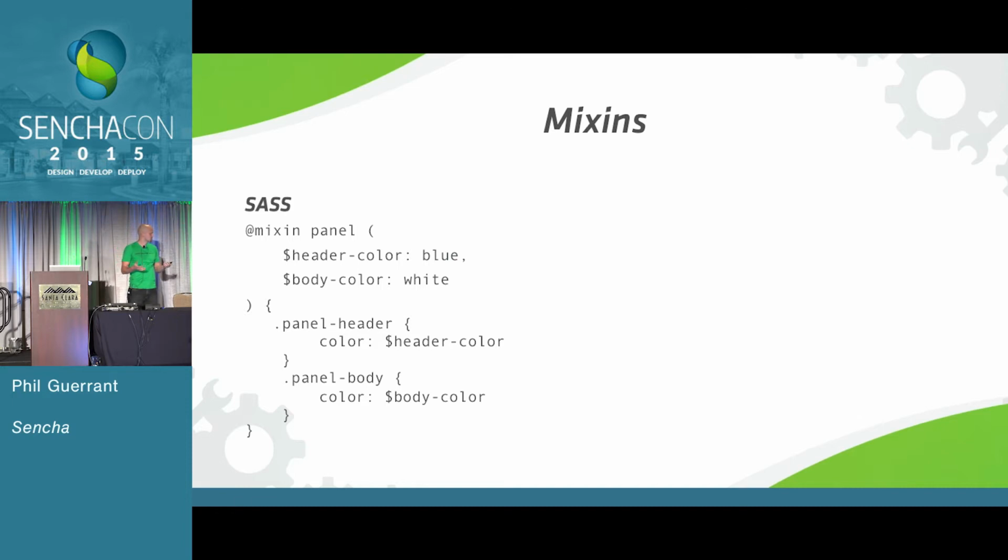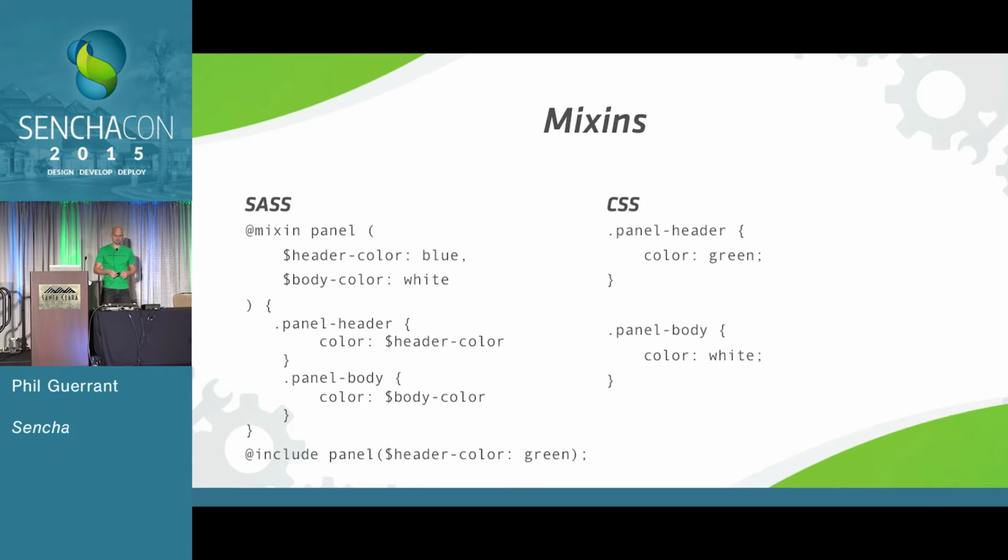And so all we have to do is invoke this mixin by calling @include panel, and we're passing header color green, leaving the body color the same as it is in the default that is declared in the panel mixin definition. And so the resulting CSS gives us a panel header and a panel body with color green and white. And we can call this mixin over and over again to generate many kinds of panels.